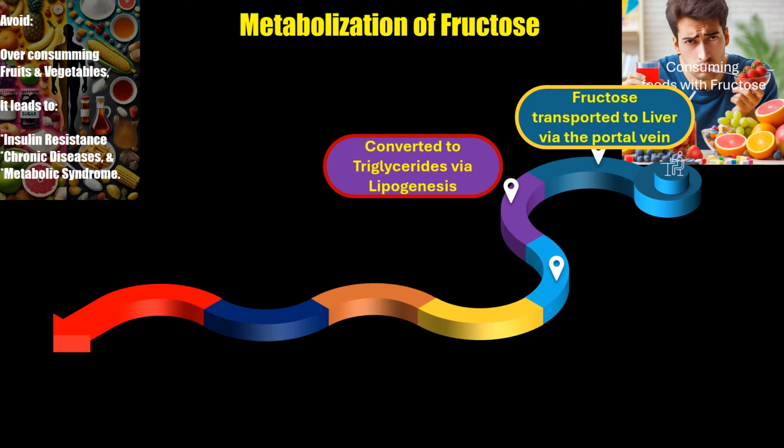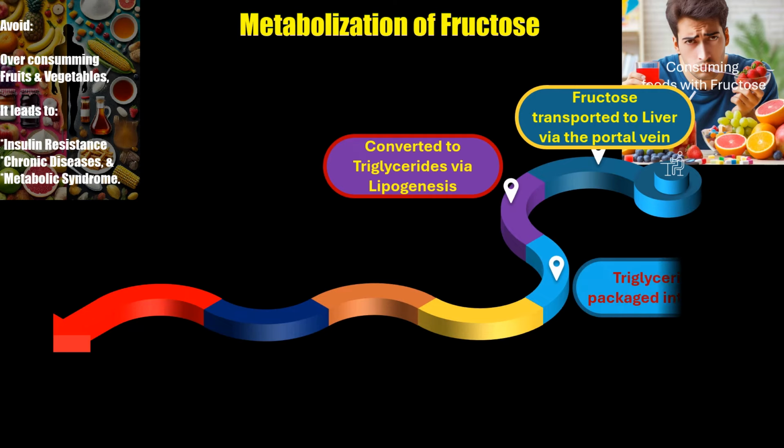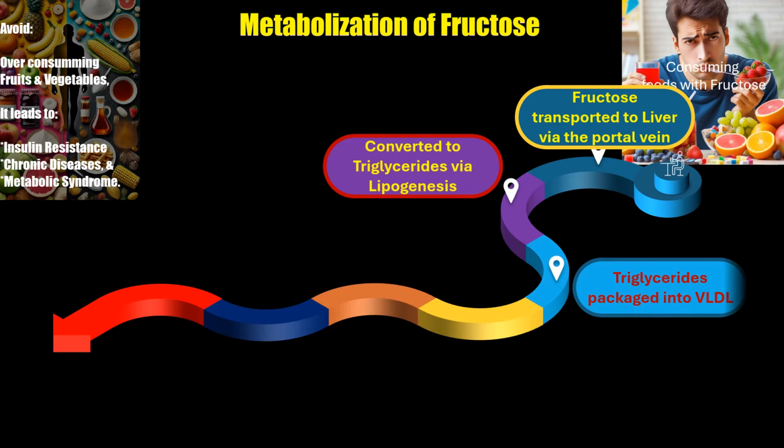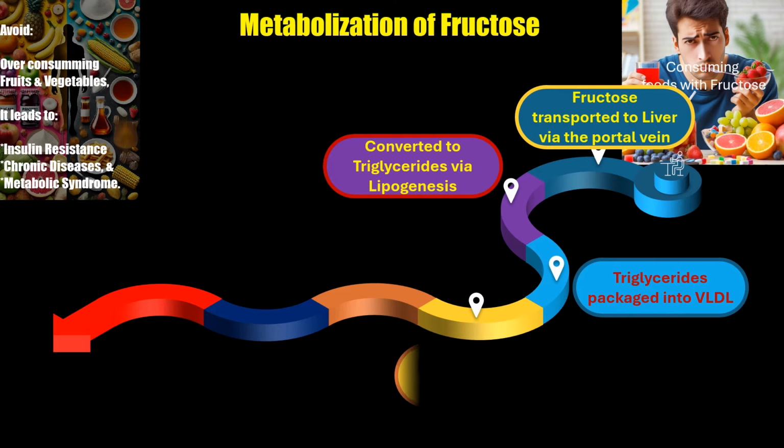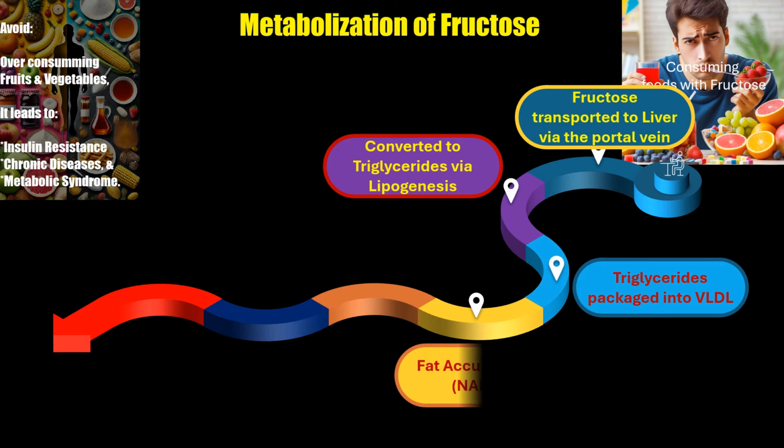These fatty acids are assembled into triglycerides, which are also fat molecules. And then triglycerides are packaged into very low density lipoproteins, in other words VLDL, and released into the bloodstream.